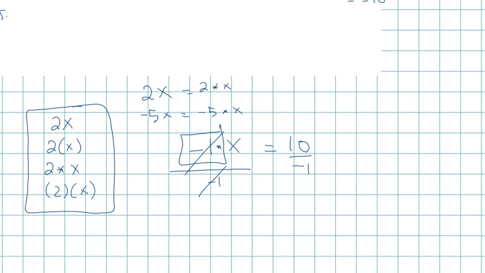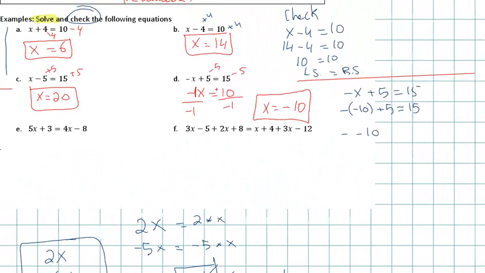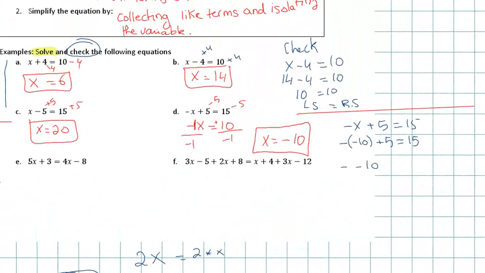So now, when I'm checking, I'm going back to my original equation to check. So I'm plugging in for x the value that I just got. So I have negative and then negative 10. What happens with the negatives when I have negative and negative after each other? It becomes a positive.